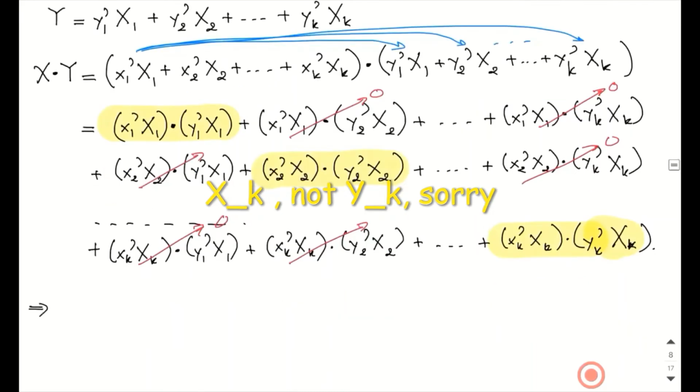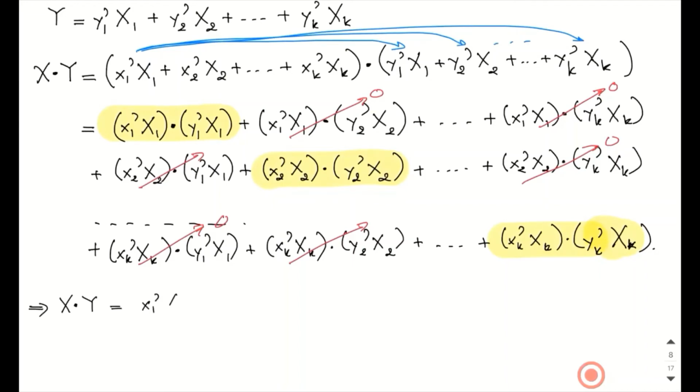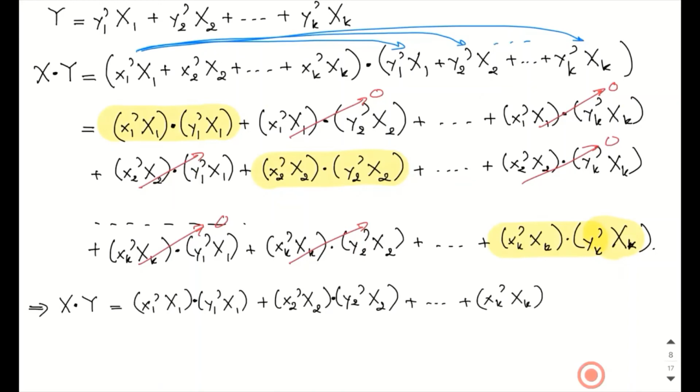All right, this implies that x dot y is equal to x1 prime X1 dot y1 prime X1 plus x2 prime X2 dot y2 prime X2, and so on, up to xk prime Xk dot yk prime Xk.